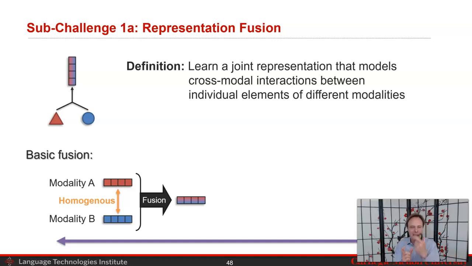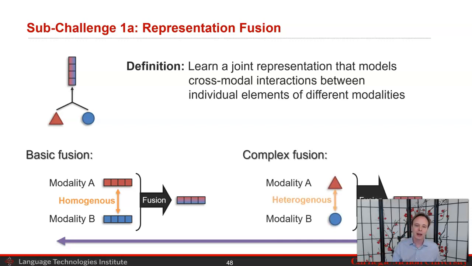Maybe they already have a vector representation for both modalities, while eventually you want to go towards the more complex approach where the input is heterogeneous, really closer maybe to raw modalities. And although the hard problem is complex fusion, and that's where we want to eventually go, basic fusion is where there's a lot of very important theory, and that's where we'll spend a little bit more time at the beginning.